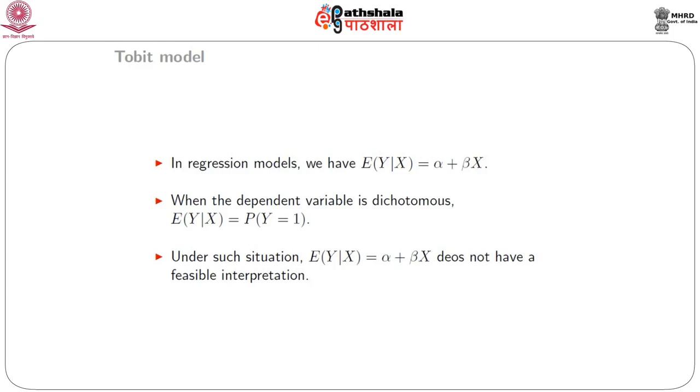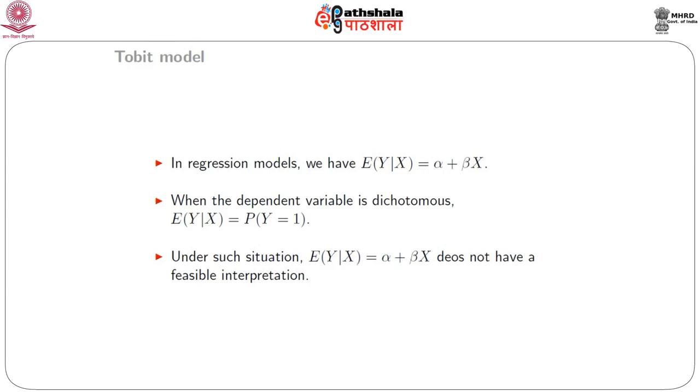Now, as you remember, expectation of y given x equals alpha plus beta x, where alpha is our intercept parameter and beta is our slope parameter in case of a regression setup. Now, if we want to use the same setup here for the expected values of y, then we will see that since expected value of y given x in case of dichotomous variable is nothing but probability, the range of values that it can take is between 0 and 1.